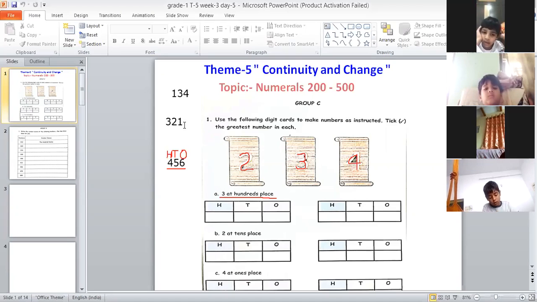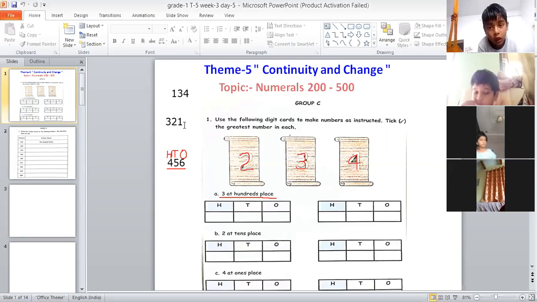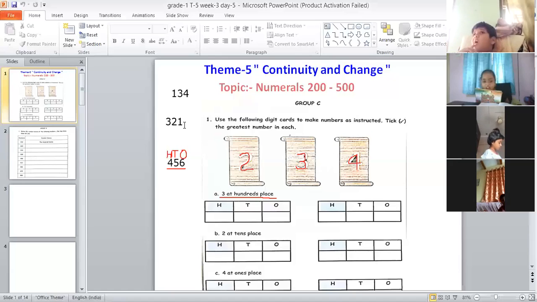301. Please look at that question again. 321. How will you read 3, 2, 1? Okay, Ketan, tell me, how do you read 2, 1? 2, 1 is 21.